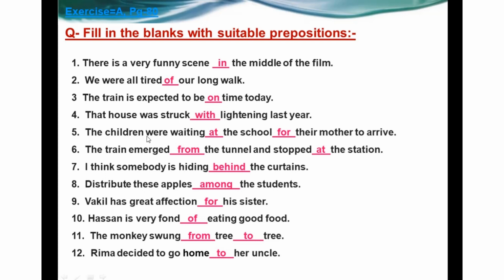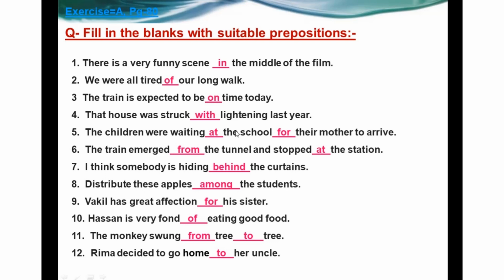Number 5. The children were waiting dash the school dash their mother to arrive. Okay, the children were waiting. Now students, see the school. The school is some place. Okay, whenever we are talking about places, and the place is a noun, it can be a proper noun also, okay? So for that we always use at, okay?